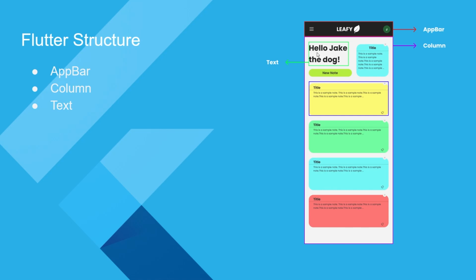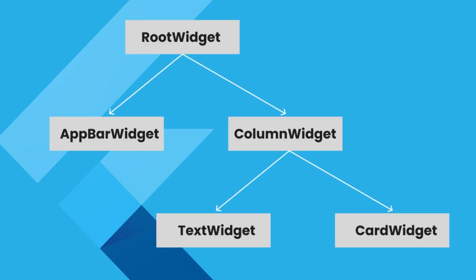An example would be a text widget which exists inside the column widget. There's also a card widget inside the column widget, and you can see that everything exists in a tree-like structure, and everything is a widget. So this is how you can visualize how widgets are stacked and a screen is displayed.